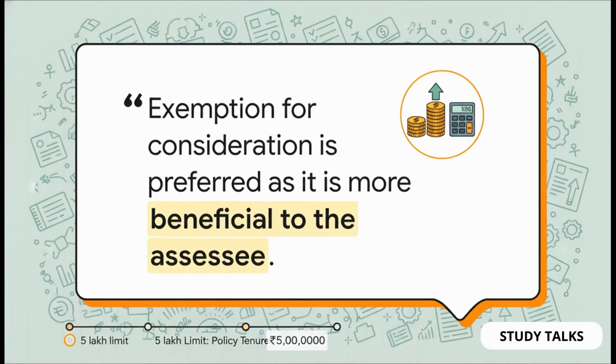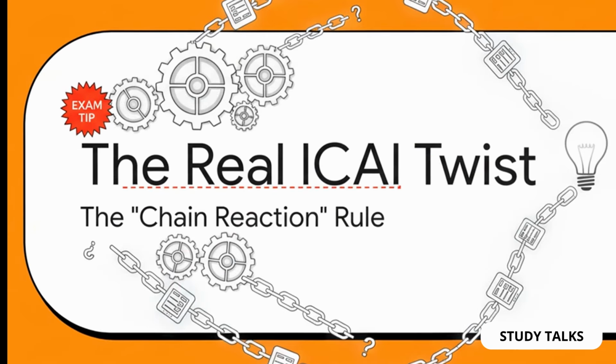Let me be absolutely clear about this: the power is with the assessee. You can pick any combination of policies you want, as long as their combined annual premium stays at or under that 5 lakh limit. So what's the smart move? Obviously, you're going to choose the combination that gives you the highest tax-free maturity amount. It's a strategic decision.